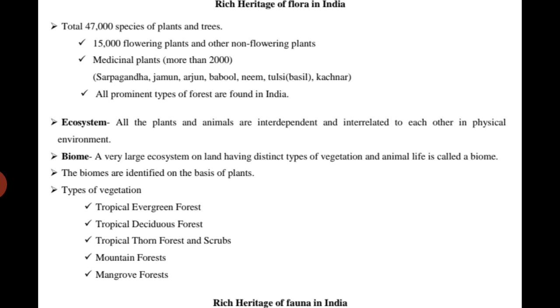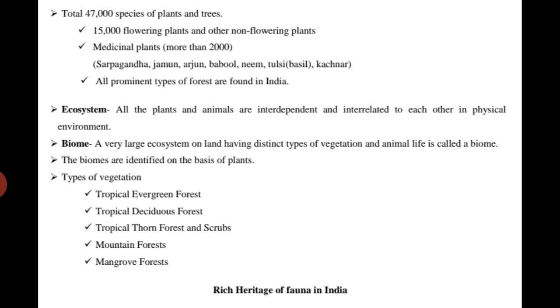The first is temperature. The temperature includes summer and winter temperature. That means the areas which have summer throughout the year, or where the temperature remains high, in those areas plants and trees grow very fast, and the areas which have low temperature, in those areas plants and trees have a tendency of growing very slowly.